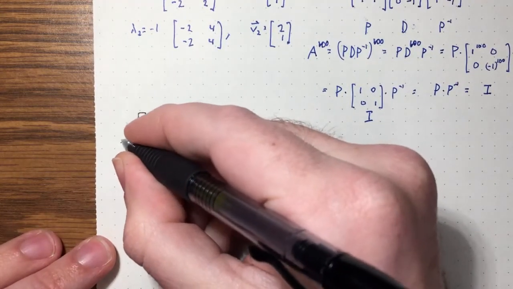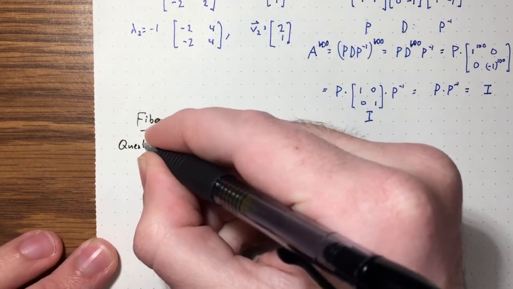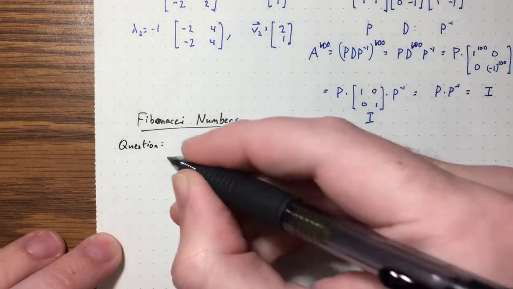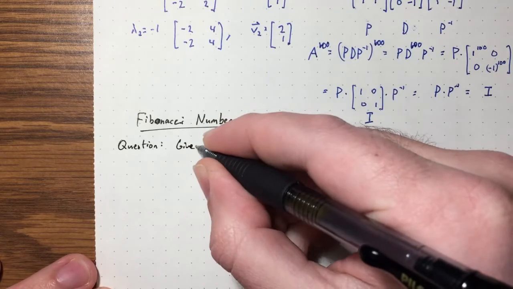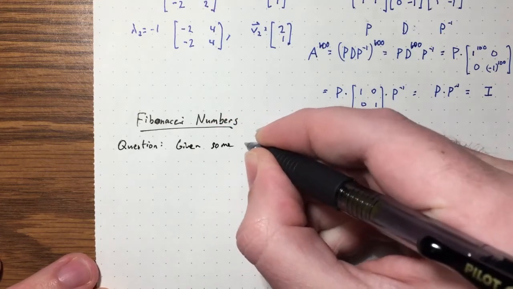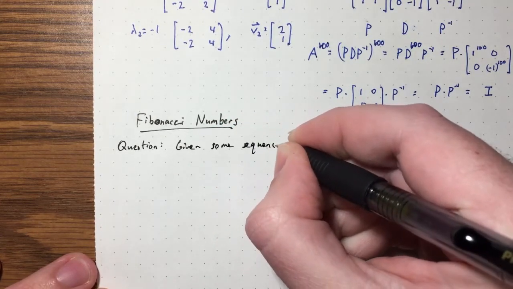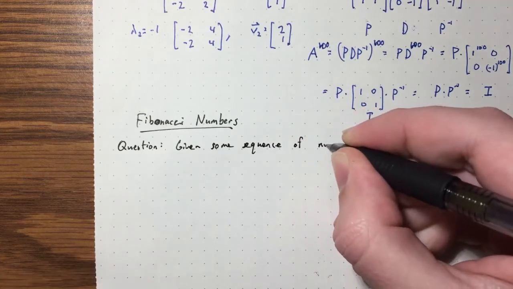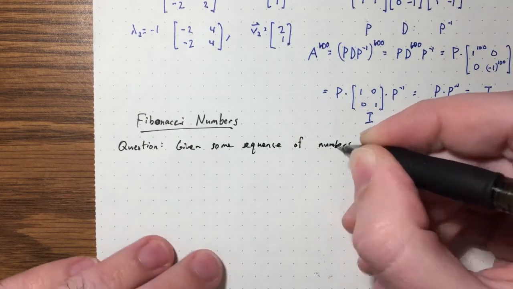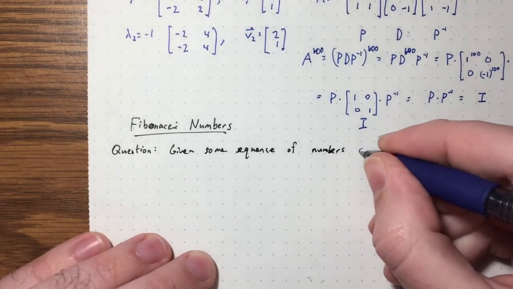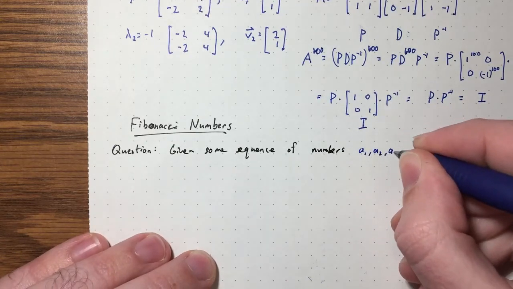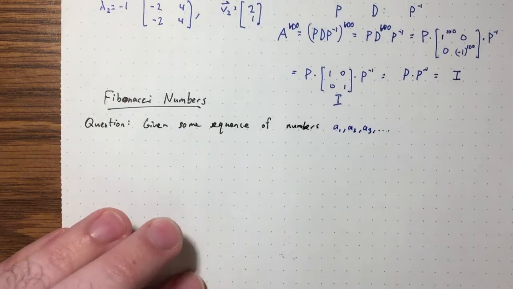But here's going to be our motivating question. Given some sequence of numbers, so what's that going to look like? Well, I'll just call it A1, A2, A3, etc. Might be an infinite sequence.